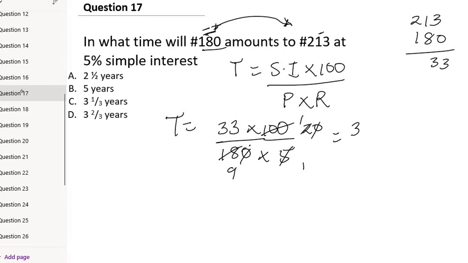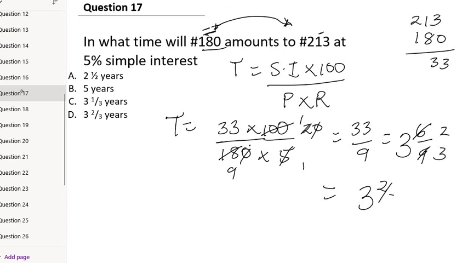So we have 33 divided by 9. How many times can 33 be divided by 9? That is 3 times. 3 times 9 is 27. Remainder 6 over 9, which is 2 over 3. Final answer will be 3 whole number, 2 over 3 years. I hope this question is clear. So the answer is D.